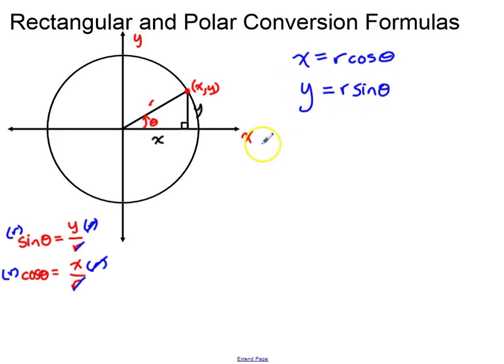Okay, cool. How about this circle? Well, this circle is centered at the origin, and it has a radius of r, so couldn't I say it's x squared plus y squared equals r squared, right? It's x minus 0, so I don't have to write that, squared, plus y minus 0 squared equals r squared. Well, I can square root both sides, and I'll have an equation with r in terms of x and y.